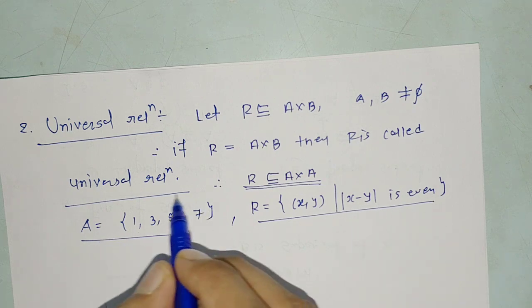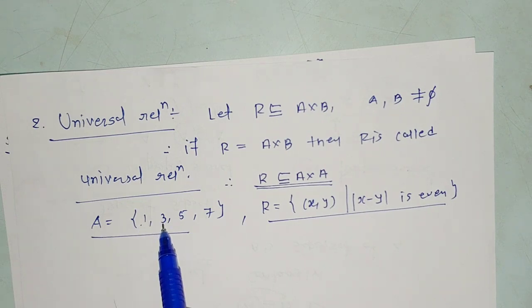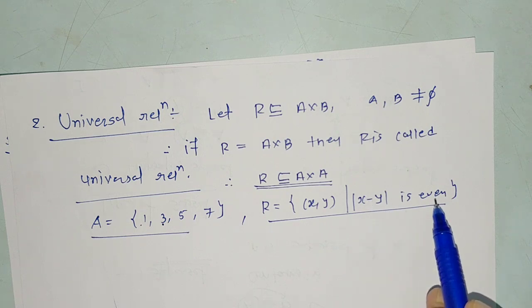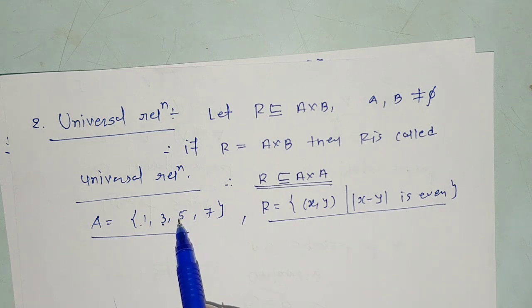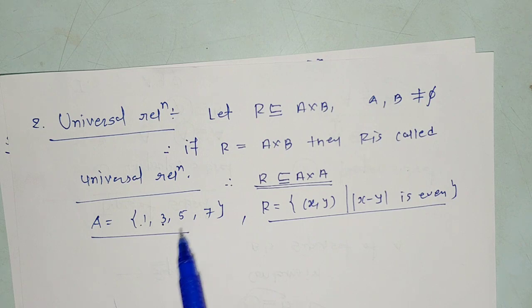Now if I take any two elements from the set A, I'll always get even. Observe that 1 minus 3 is minus 2, but as our modulus sign is over here, I'll get positive, that is even. 3 minus 5, 2, even. 5 minus 7, 2, even. 1 minus 7, 6, even. 3 minus 7, 4, even.